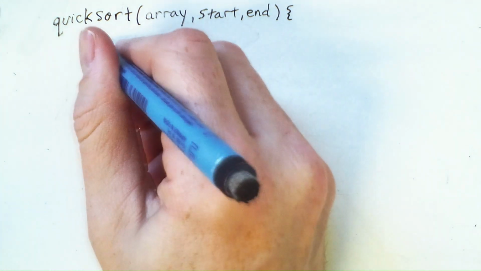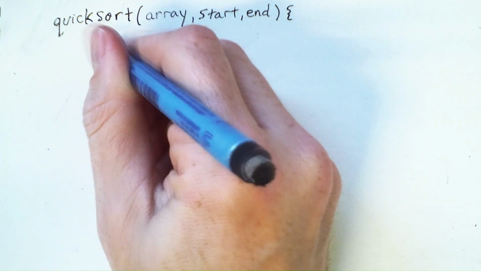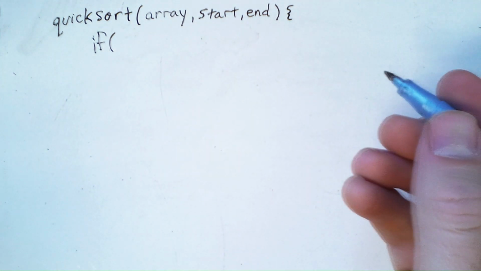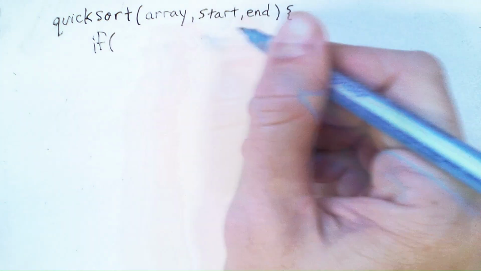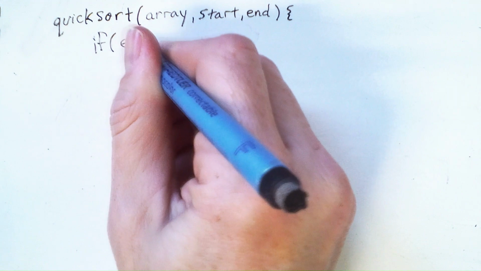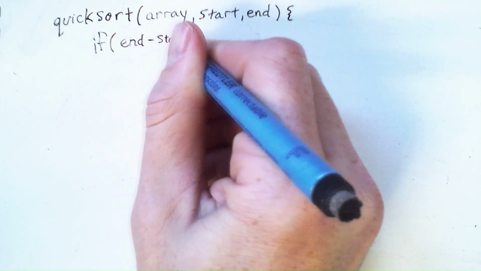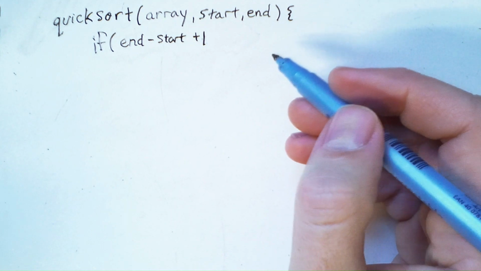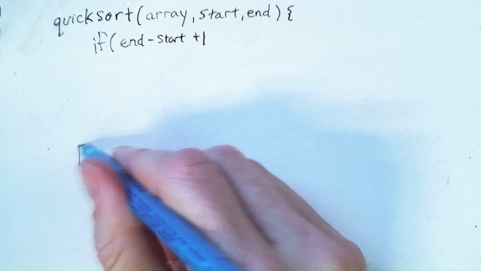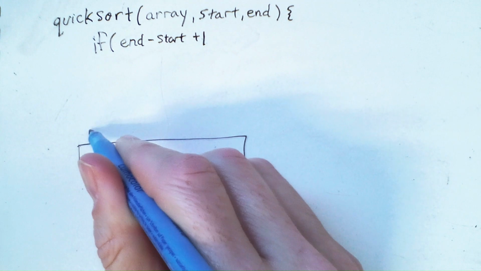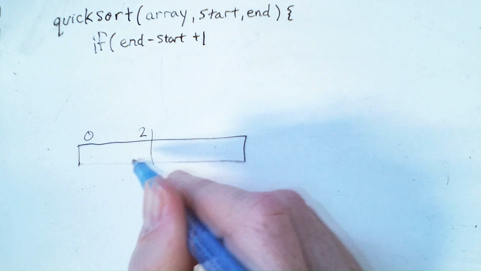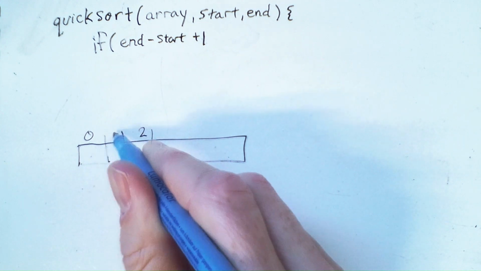Now, I'm going to be doing the fully optimized version, which does insertion sort on small subarrays. And so I'm going to first compare the size of the subarray. And so I calculate that as end minus start plus 1, because, if you think about it, if I have an array with a start index of 2 and an end index of 3, so this is a subregion of that array, there's really 3 elements here.